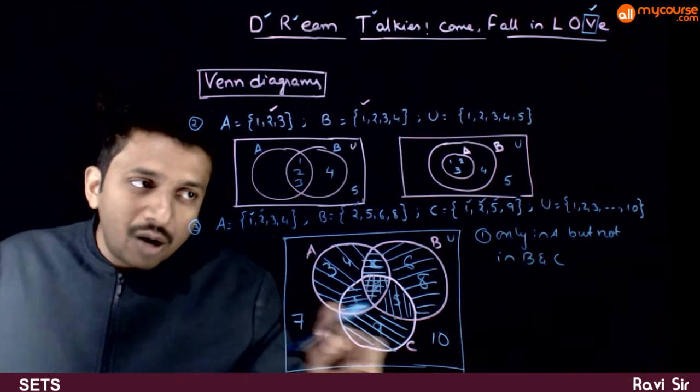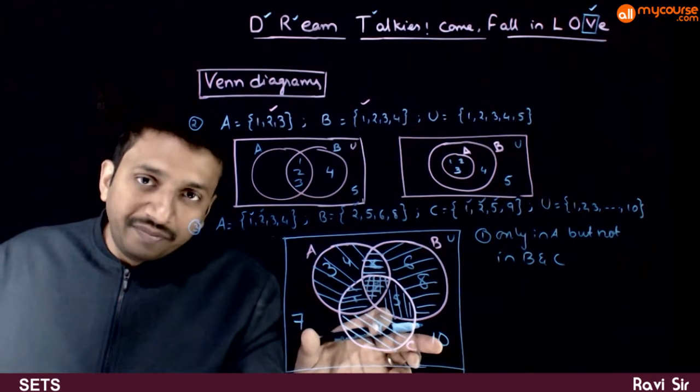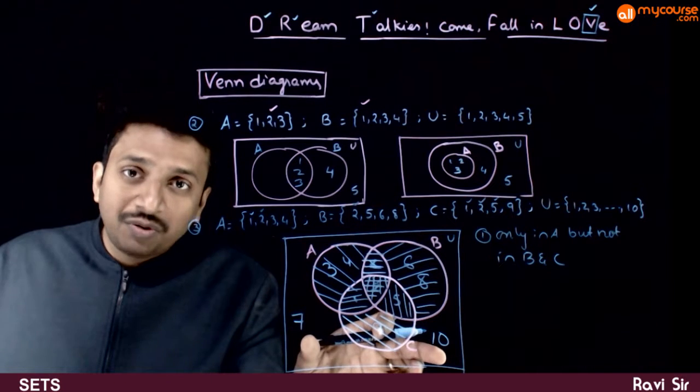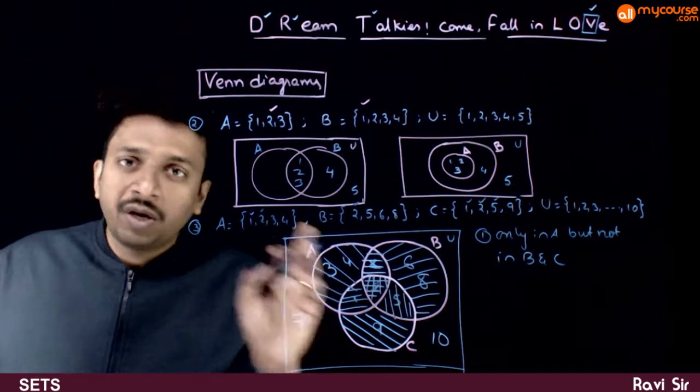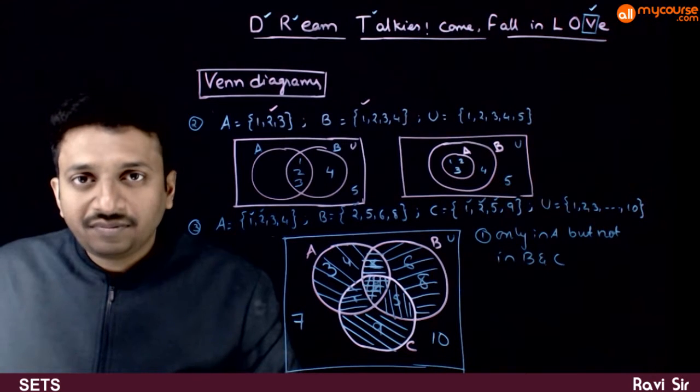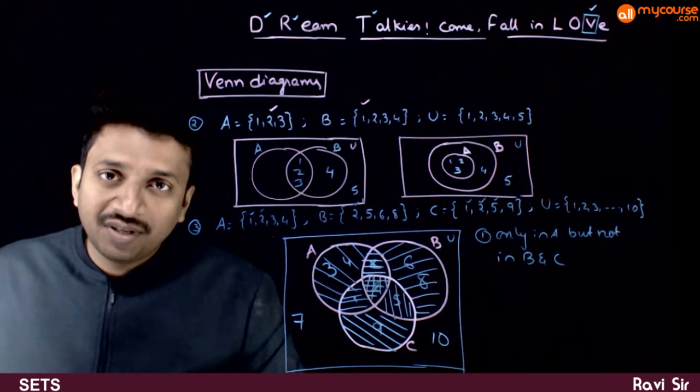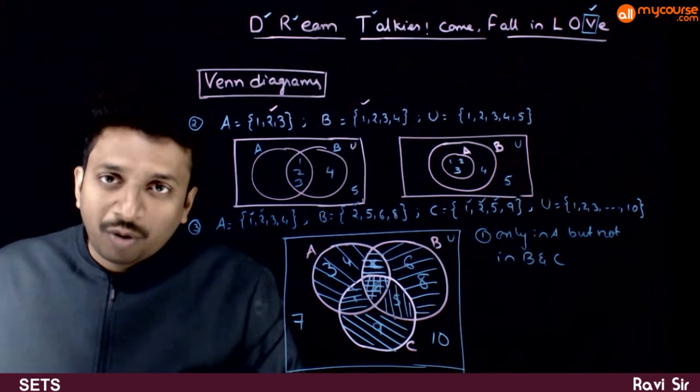And what are the elements outside this? So the outside region corresponds to those elements which are neither present in A, nor present in B, nor present in C. So I hope you have understood this topic.